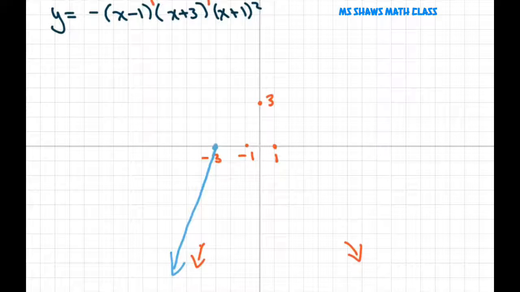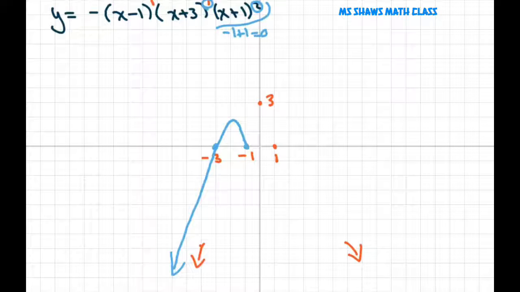So when you go to -3, since this is an odd multiplicity, we can cross. So we're going to cross up here, and we're not going to worry about our min and max, and we go to -1. Well, -1 is this portion, because -1 plus 1 is 0. It has a multiplicity of 2. That means it's an even number, and we cannot cross the x-axis.